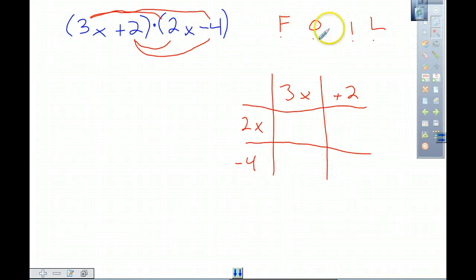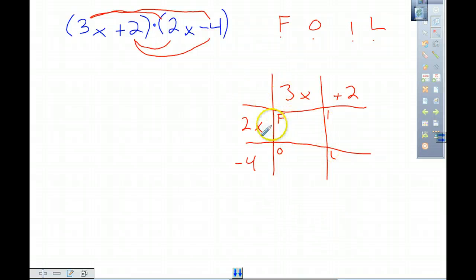Same as the same 4 steps we have here. 2x times 3x is the first. And then 3x times negative 4, that's the outside. 2 times 2x, that's the inside. And 2 times negative 4, that's the last. So whether you do it with or without the box, just realize you're doing 4 steps, then simplify.